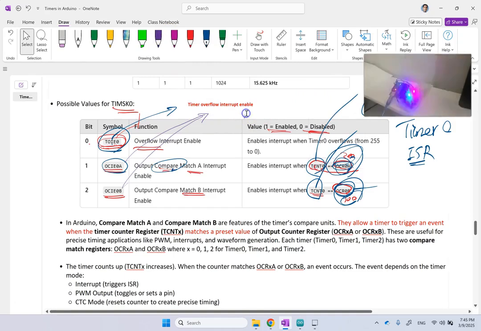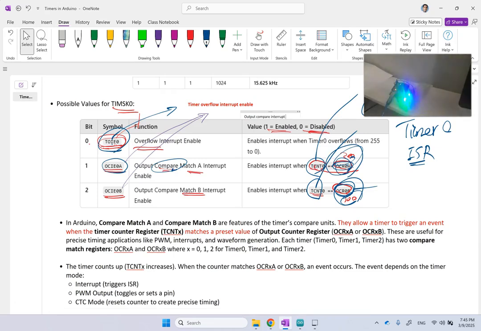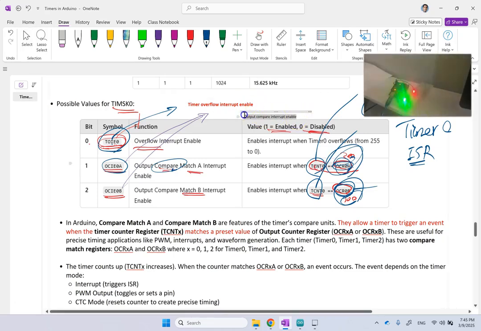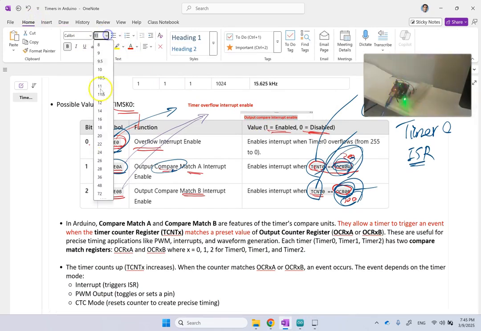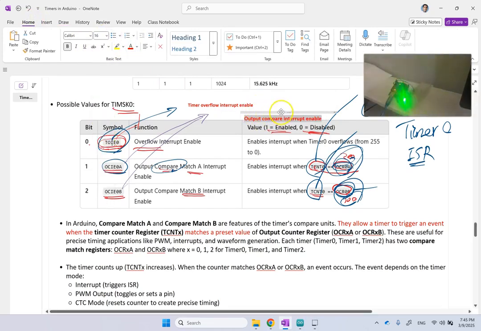So let me use another one here. So O is the output, C is compare, I is interrupt again, and E is enable. Okay, so this is output compare, and then what? Interrupt enable. So these are these two guys.